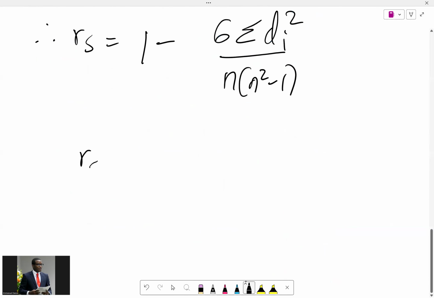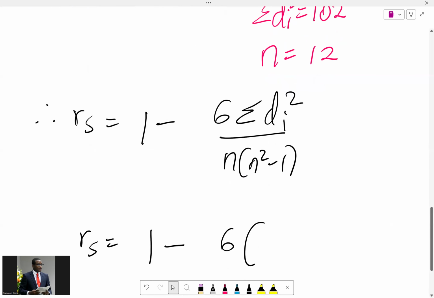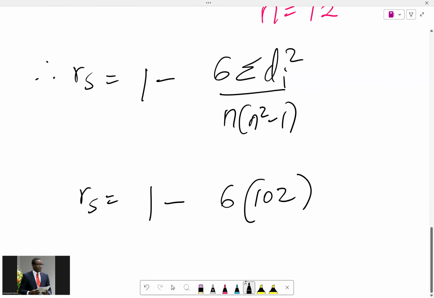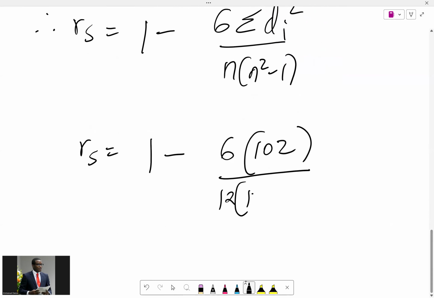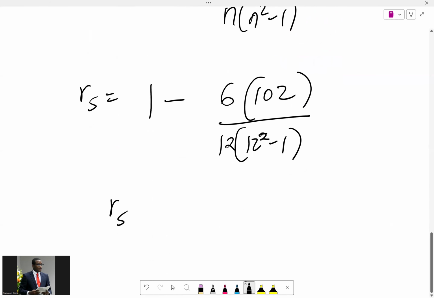Then RS is equal to 1 minus 6 times the summation of di squared, which is 102, divided by n into n squared minus 1, that's 12 into 12 squared minus 1. So RS is 1 minus 6 times 102, which should be 612, I believe, all over 12 into 144 minus 1.